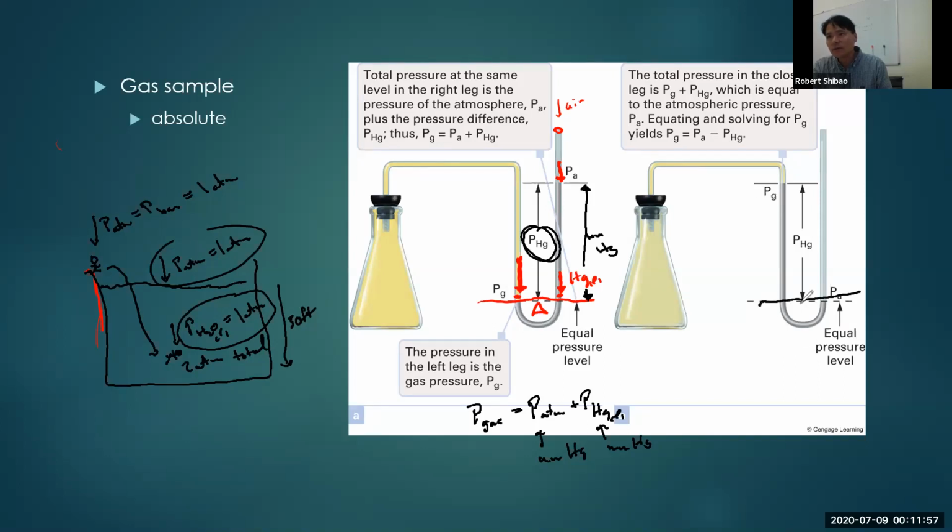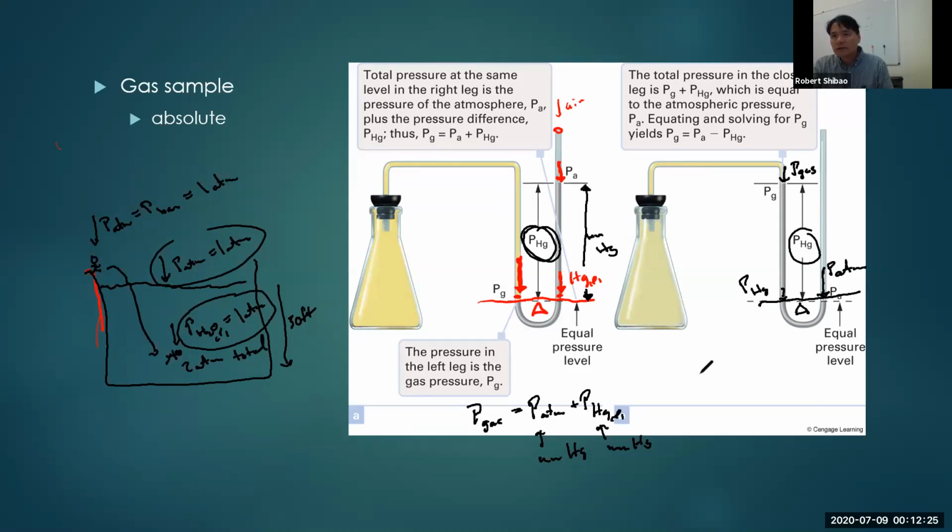This is kind of the opposite scenario here. This is a case where the gas weighs less than the atmosphere. The atmosphere weighs more. So we have 14.7 pounds or so from the atmosphere pushing down. This is an open tube. And then on the left, we have the weight of the gas, the pressure of the gas, plus the pressure of this mercury column, P mercury.